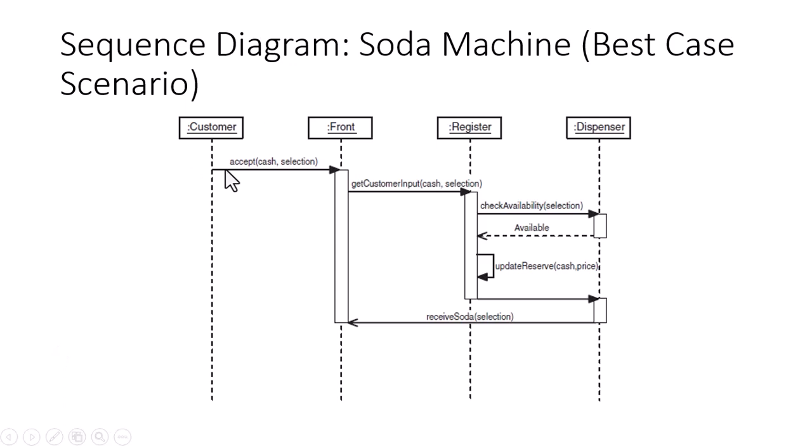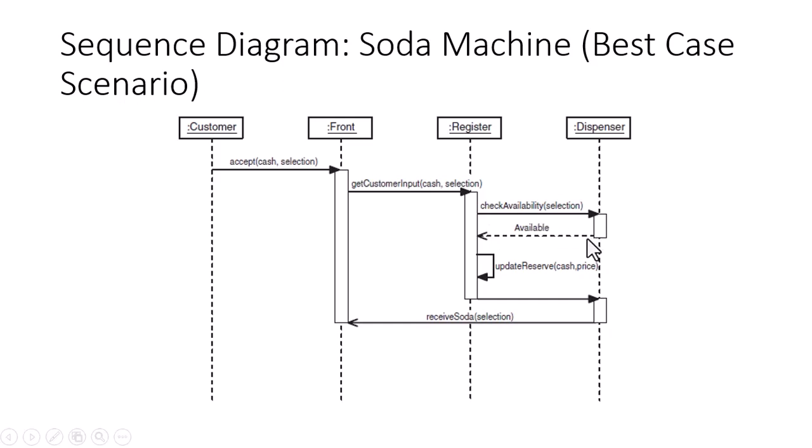So the customer accepts cash and selection. The front is responsible for taking the cash and selection. Then get customer input cash. So the register object is responsible for taking this instruction and checking availability of cold drinks. So this is the front through which the user gives input, then cash is checked, and then the dispenser object is informed to check the availability. So this is the back reply now.